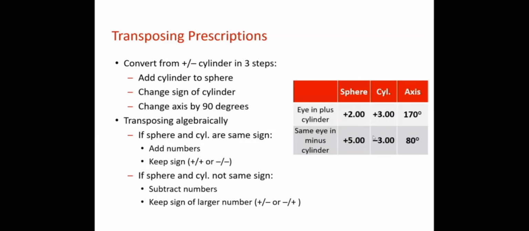For cylinder, you use the same value, but you put in the opposite magnitude. So if it's -3 here, now we put in +3 here. Axis, right? So if it's less than 90, we add 90 degrees, so that becomes 90 plus 80, that becomes 170 degrees.